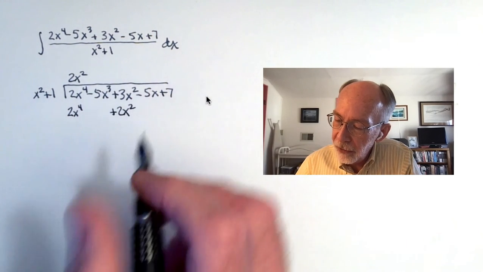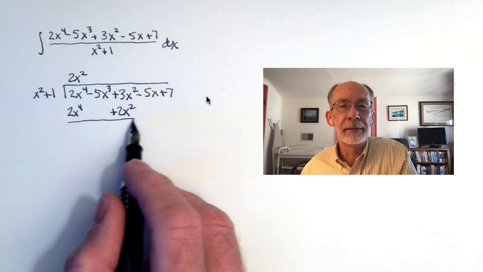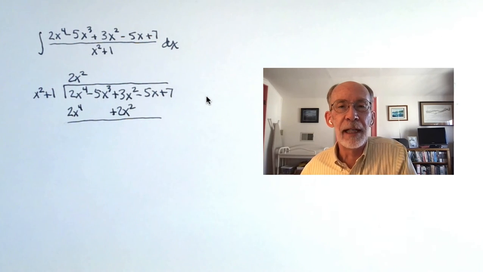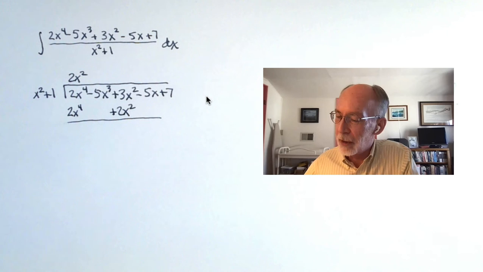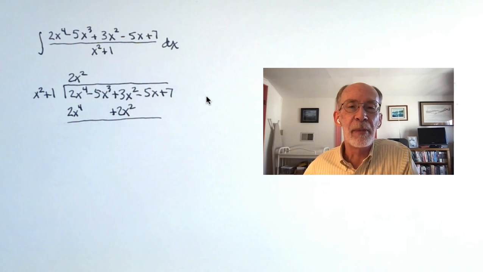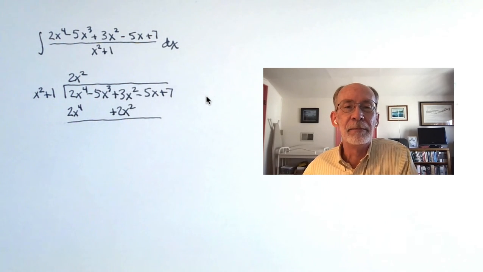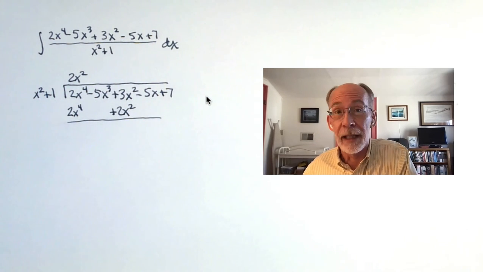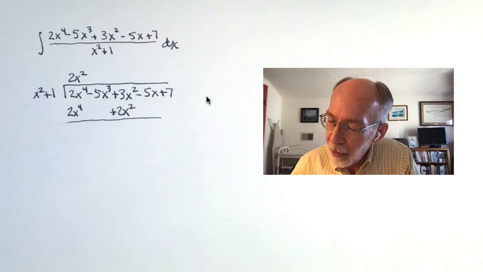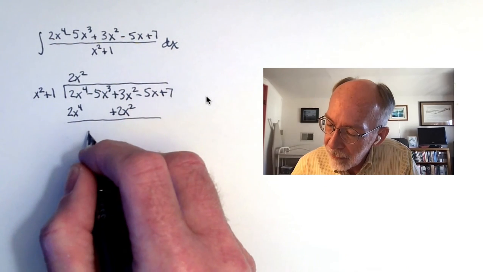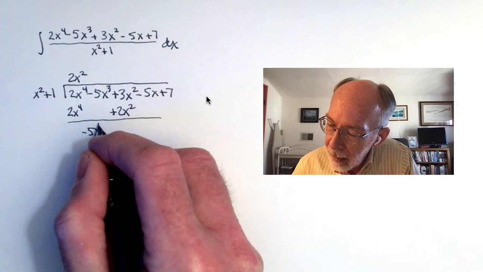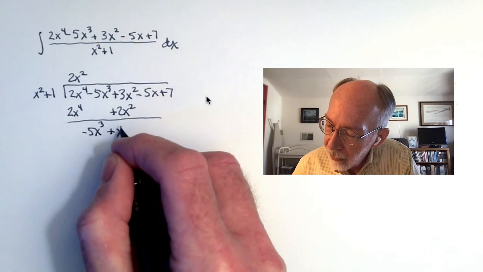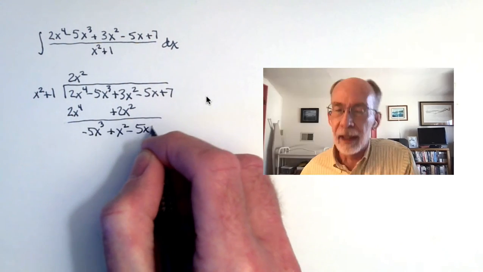And just as you would in long dividing integers, I don't know if anybody learns how to long divide integers anymore, you would want to make sure that you had the orders of magnitude, the powers of x in this case, in the numerical instances, the powers of 10, lined up. Now we're going to subtract. So we've got negative 5x cubed plus x squared minus 5x plus 7 left over.